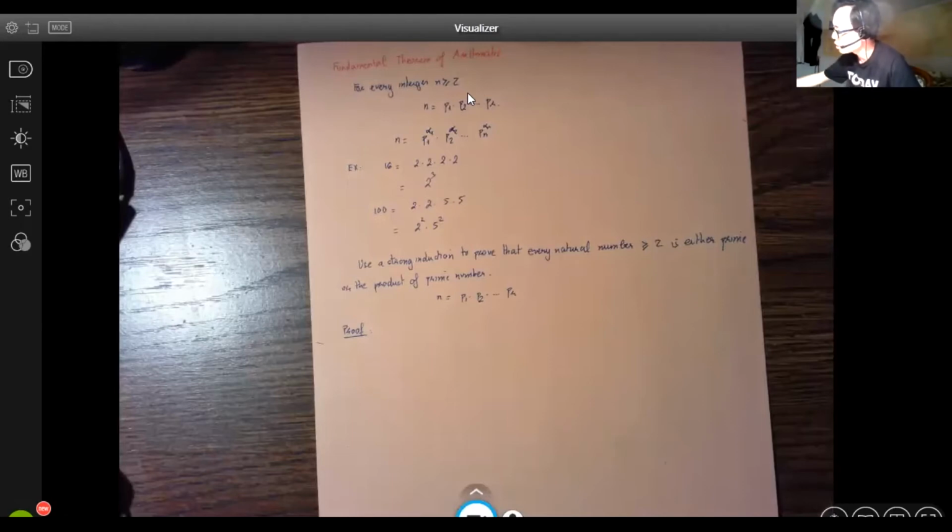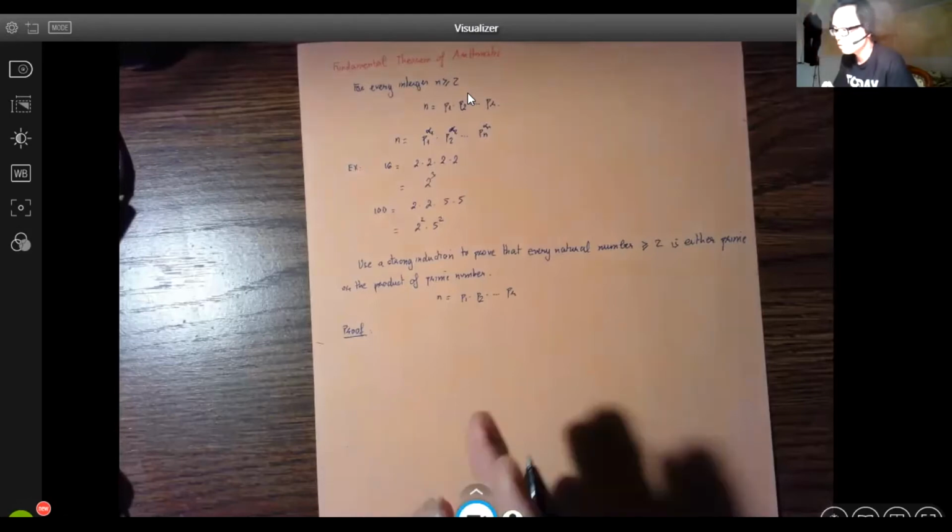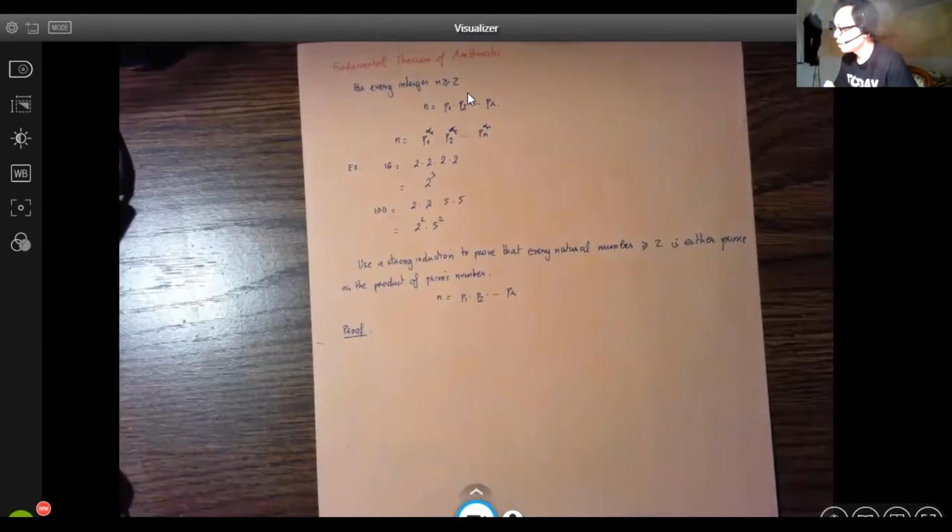Another way of writing a strong induction is this: if P is true for some integer n0, and if k is greater than n0 and P is also true for all the values between n0 and k, then it is also true for the value k.